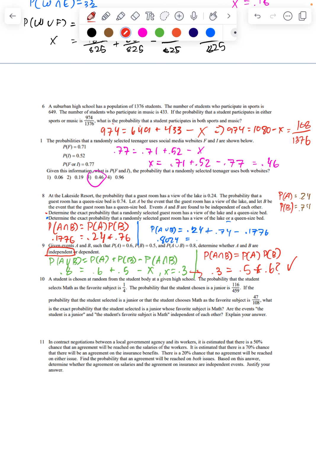If the probability that the student selected is a junior or chooses math as a favorite subject is 47 out of 108, what is the exact probability that the randomly selected student is a junior whose favorite subject is math? Are the events "student is a junior" and "student's favorite subject is math" independent of each other? Explain your answer.